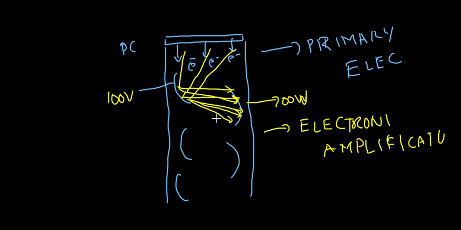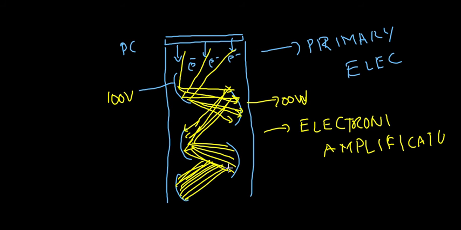So this process is going to continue. For the first primary it produced two secondaries, and again each secondary is going to produce another two secondaries. If you go further, multiple electrons are getting created.